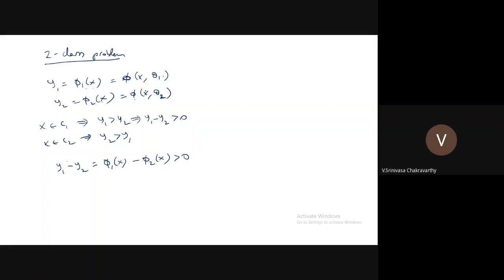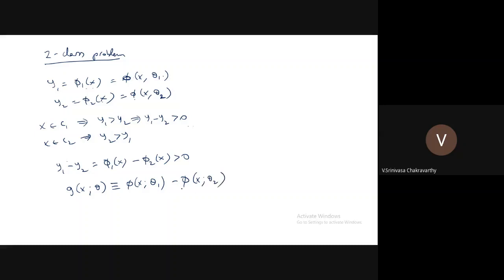So let us assume that there is such a function form like phi of x. Now, if I take the difference between two outputs, I have y1 minus y2, and that should be positive. So now let us define a function g, which is parameterized by theta, and that is equal to phi of x theta 1 minus phi of x.